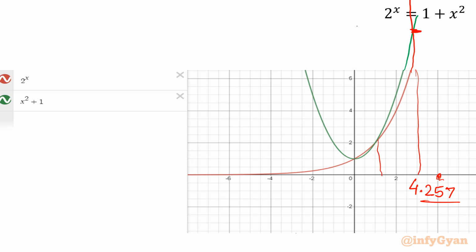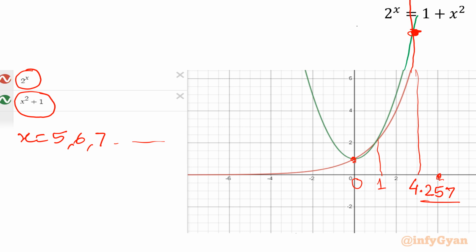This one is x equal to 1 and this one is x equal to 0. There are three solutions possible. Once it crosses this one, it is not going to intersect further, because of the rapid growth of the exponential; the parabola won't match it. After it crosses, from x equal to 5, 6, 7 and so on, there won't be any intersection anymore.